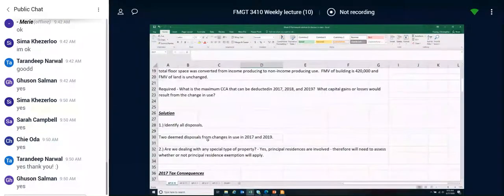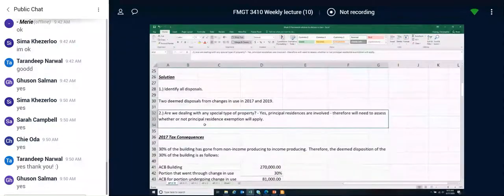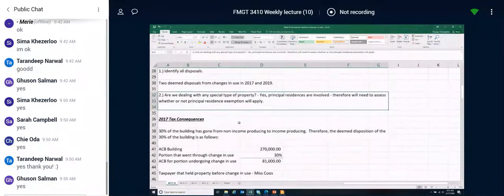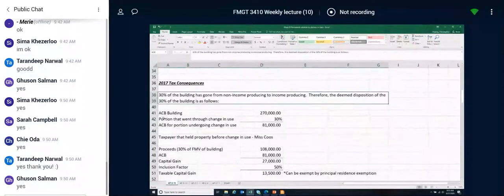So again, identify all your disposals. Well, we've got two disposals in 17 and 19 from change in use. Now, is there any special property? Well, yeah, we do have principal residence being sold. Okay, well, we need to think about that. So let's go through this.